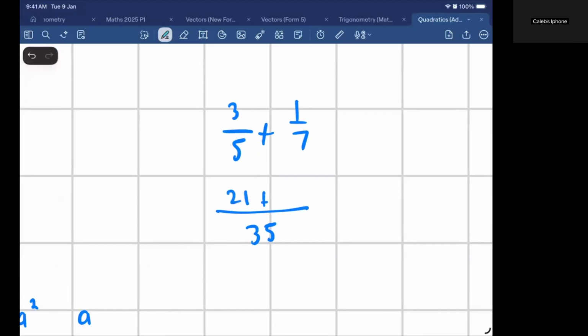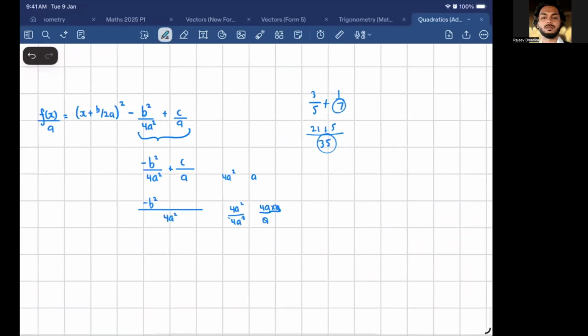Now work this one out. 7 into 35 is 5. We're going to multiply 5 by 1.